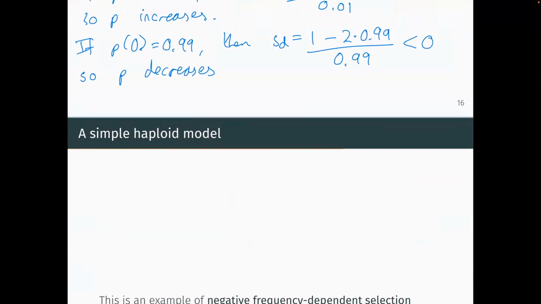We can see that the population will evolve until our selection differential, our selection coefficient, is equal to 0. It's positive for low values of P, it's negative for high values of P. It changes sign somewhere.